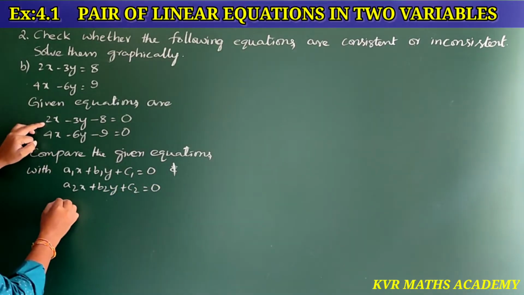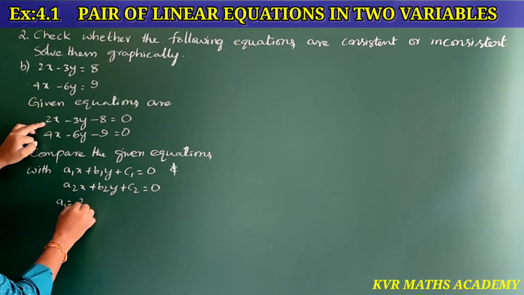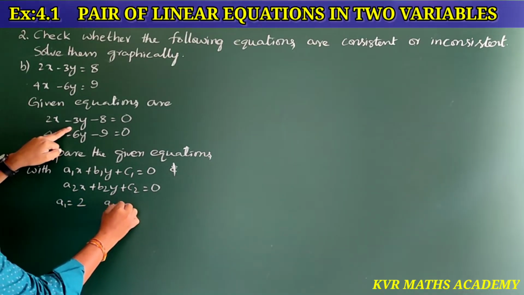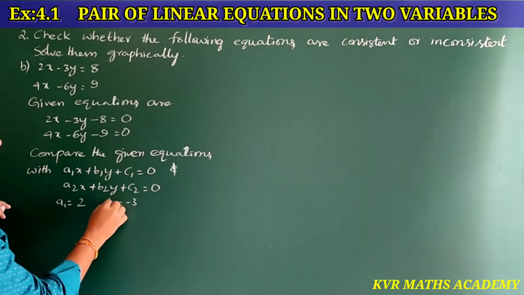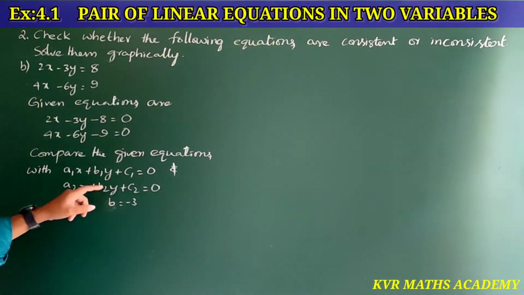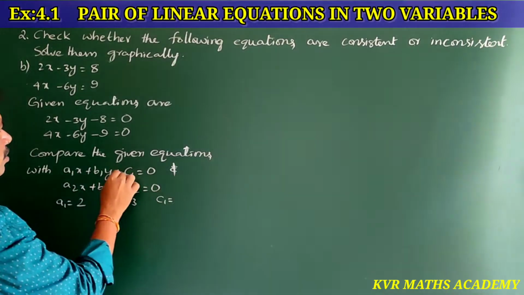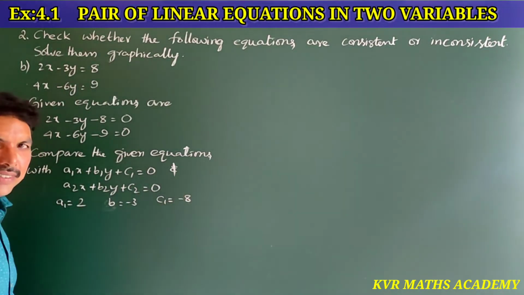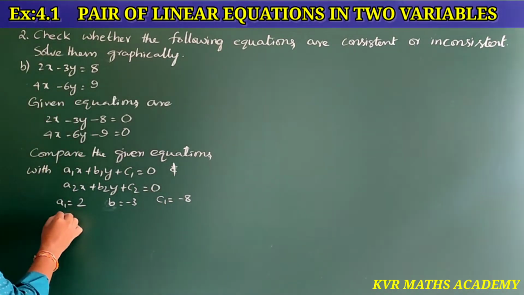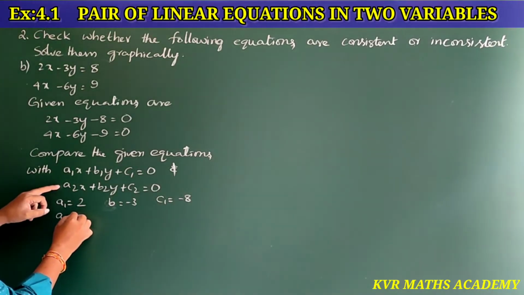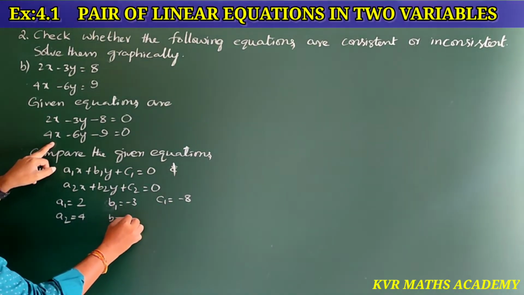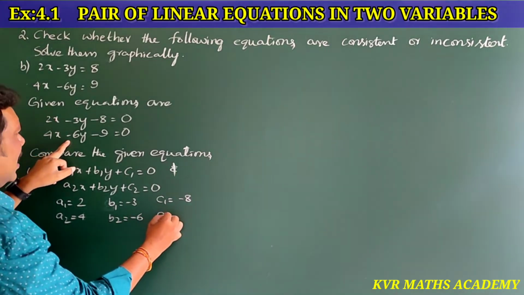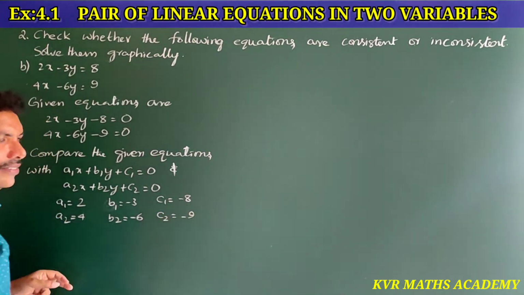Write down: a1 is equal to 2, b1 is equal to minus 3 and c1 is equal to minus 8, isn't it? Next, in the same way, a2 is equal to 4, b2 is equal to minus 6 and c2 is equal to minus 9.